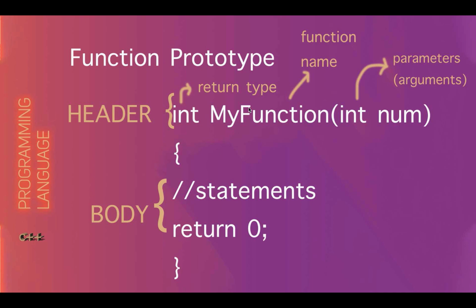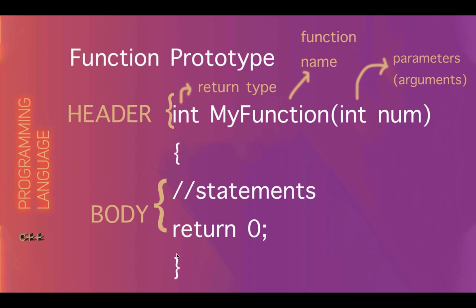Okay, so here we can see a function prototype. It has a header, a return type integer, the function name, the parameters, and the actual values of the parameters, which, if you pass, for example, a three, is called an argument.